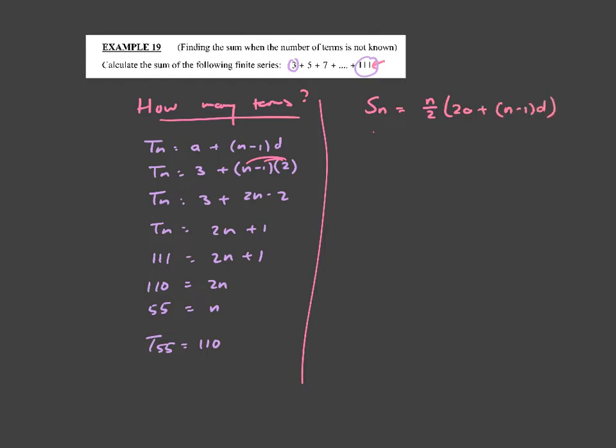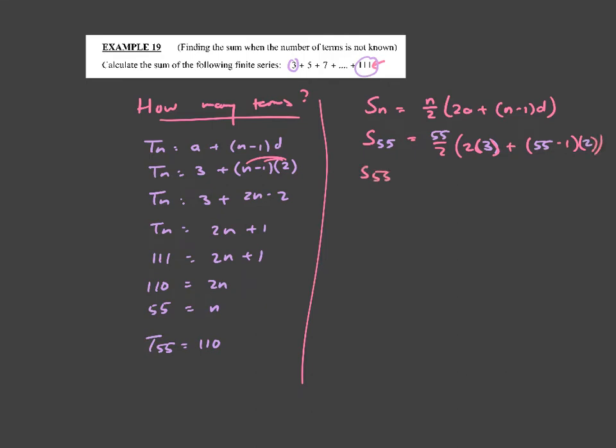So in other words, here we've got the sum of the first 55 terms is equal to, again, 55 divided by 2, and then 2a, and a in this case is equal to 3, plus n minus 1, in this case, again, 55 minus 1, and the difference there is equal to 2. Okay, let's go for it.